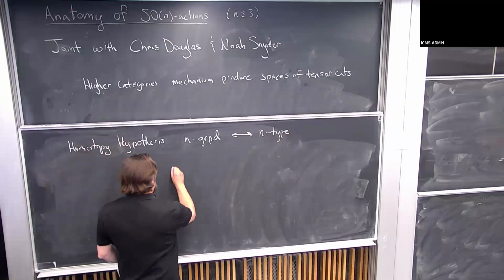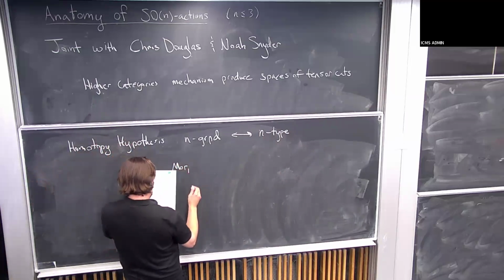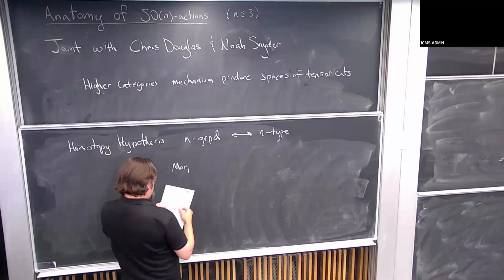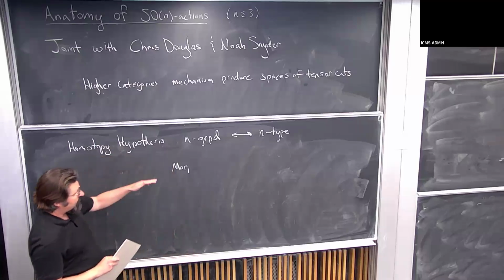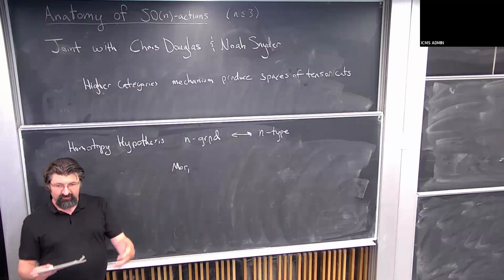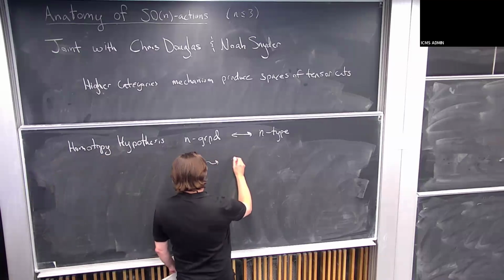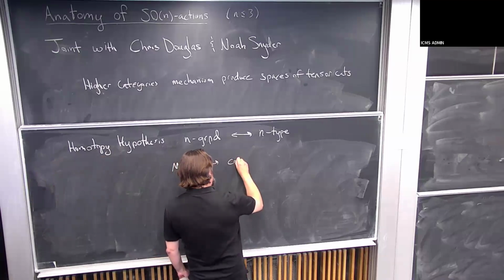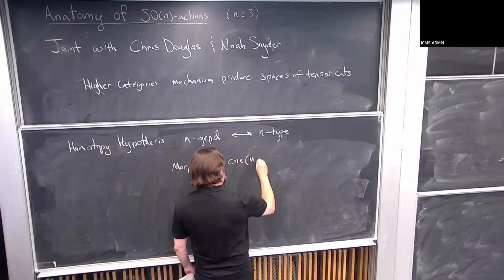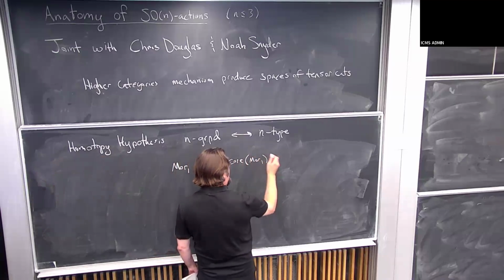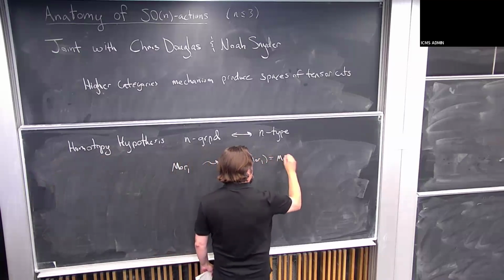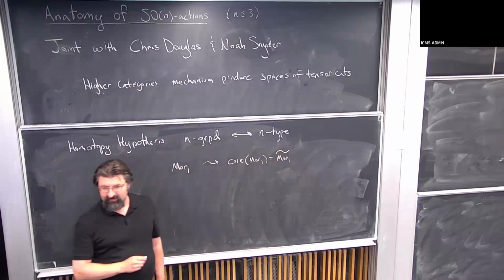We've seen that several times today. There's the Morita category of tensor categories, bimodule categories, functors, and natural transformations. Sitting inside that, we have the core, where you throw out everything which is not invertible. I might also denote that with a little squiggle like that.